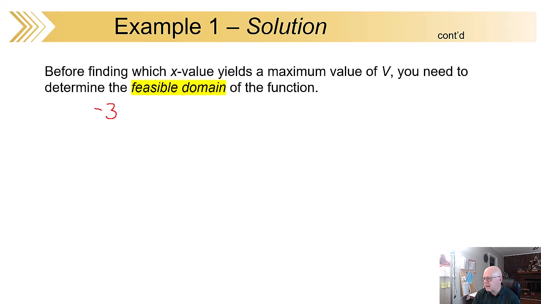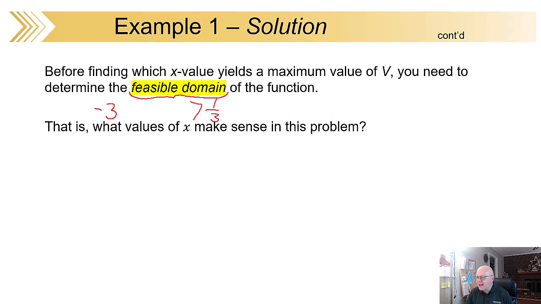It wouldn't make any sense to have 7 1/3 people on the next shift. You have to think about what the feasible domain is. What is your application? What are the parameters of such application?